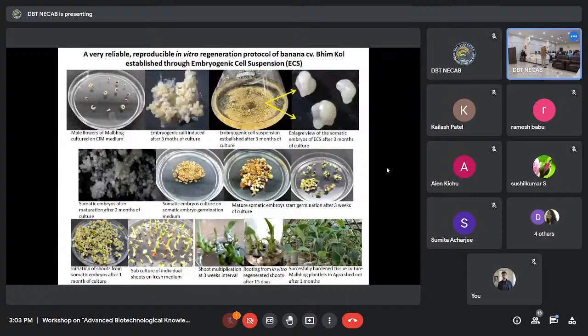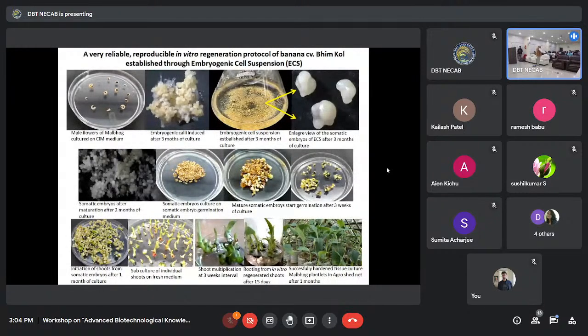Either the leaves are not well developed, or the stem will be very weak, or they may not develop proper roots. So those seedlings cannot survive. Precociously germinated seedlings do not survive in nature. They die. So you need a very robust, mature embryo. When it germinates, it is going to give you a robust seedling.